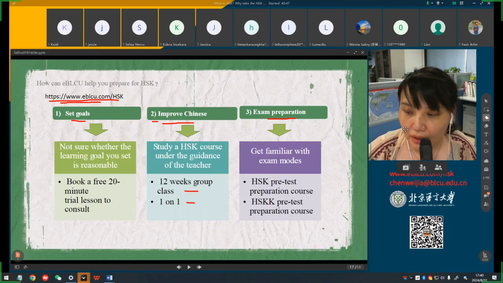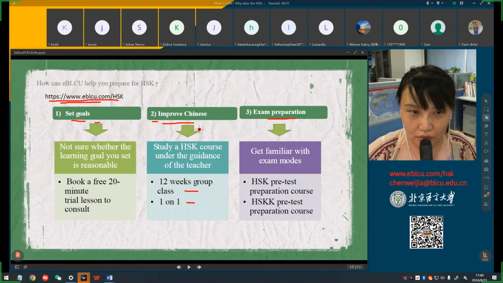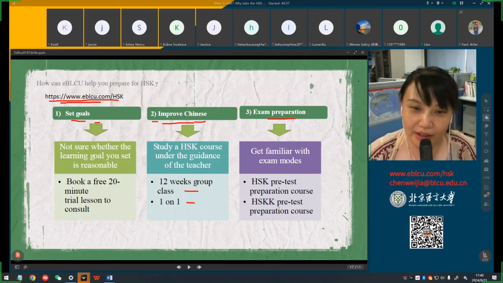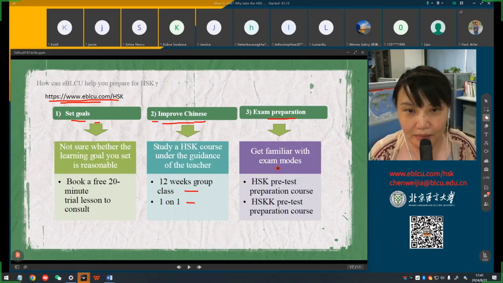Okay, so if you have done the first two steps, the final HSK test preparation would not be very hard. To prepare for the written test, you can just choose a mock test from the HSK test website to get familiar with the exam formats.